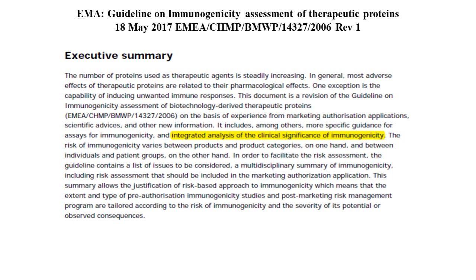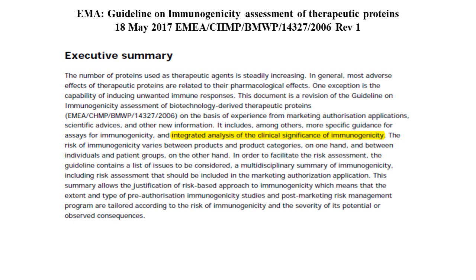In the European Medicines Agency, what they want to see is an integrated analysis of the clinical significance of the immunogenicity. So basically, when a sponsor is presenting a program, there are many different protocols, trials, and results, and what the EMA is expecting is a standalone document that has an integrated analysis of the immunogenicity and its clinical significance.